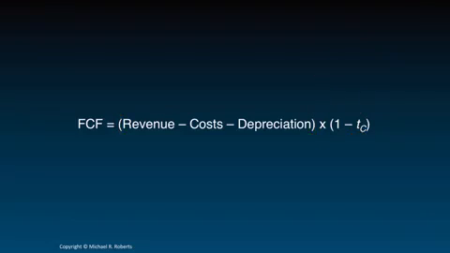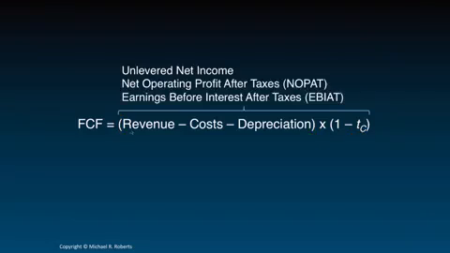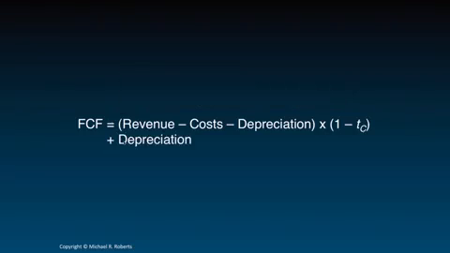Okay. Now, this quantity here goes by several names. They're all synonyms: unlevered net income, net operating profit after taxes, or NOPAT, or earnings before interest after taxes, EBIAT. Once we have this, we're going to have to add back in depreciation.